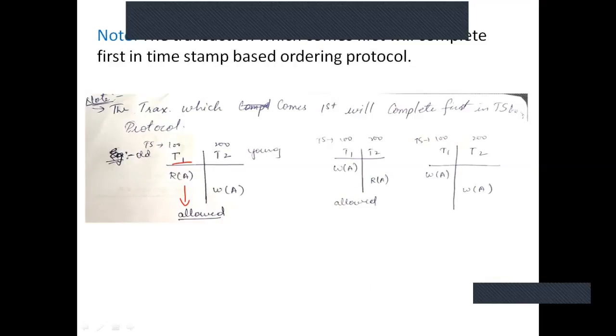Here you have two transactions, T1 and T2, where the timestamp of T1 is 100 and the timestamp of T2 is 200. This transaction T1 is reading a value, it will get executed and committed, and only then is T2 allowed to commit. So this is allowed.